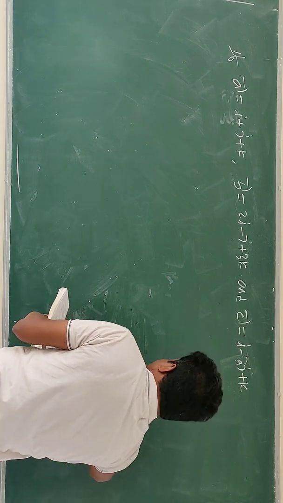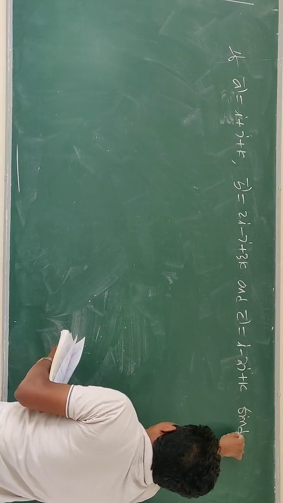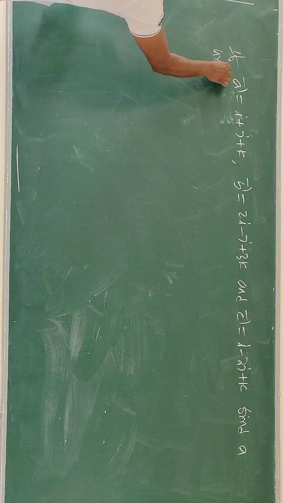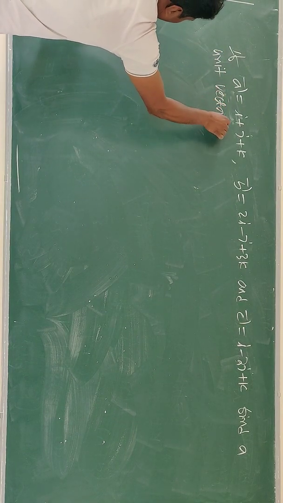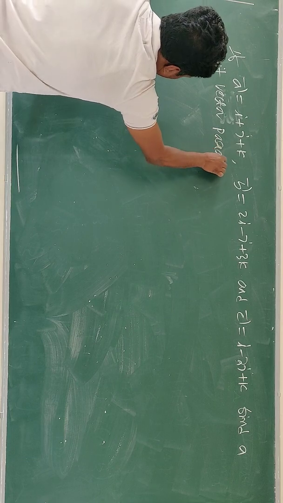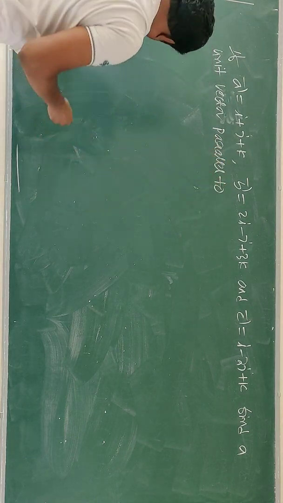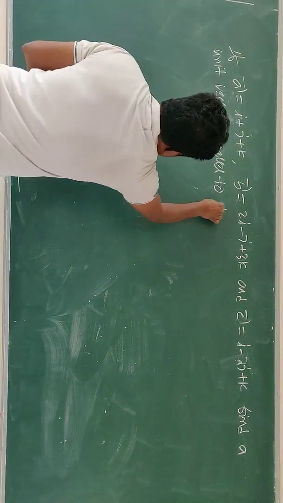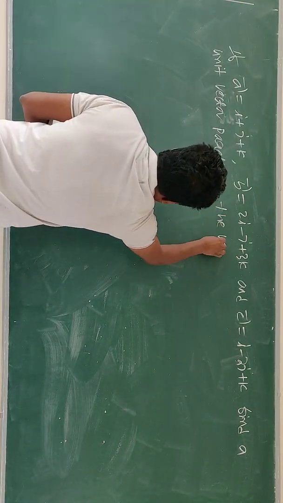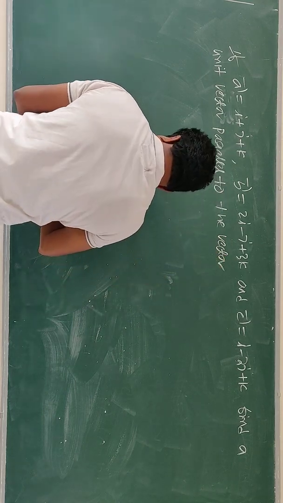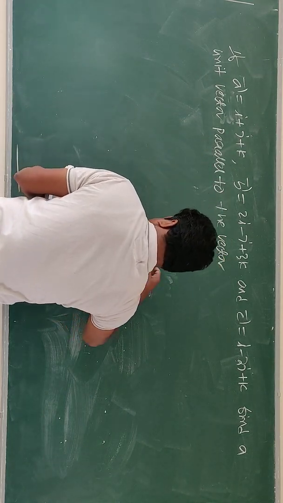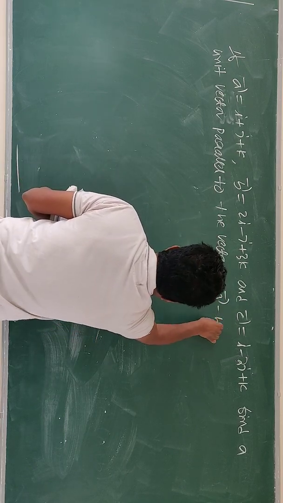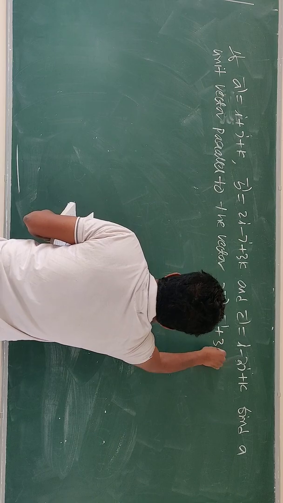Find a unit vector parallel to the vector 2A minus B plus 3C.